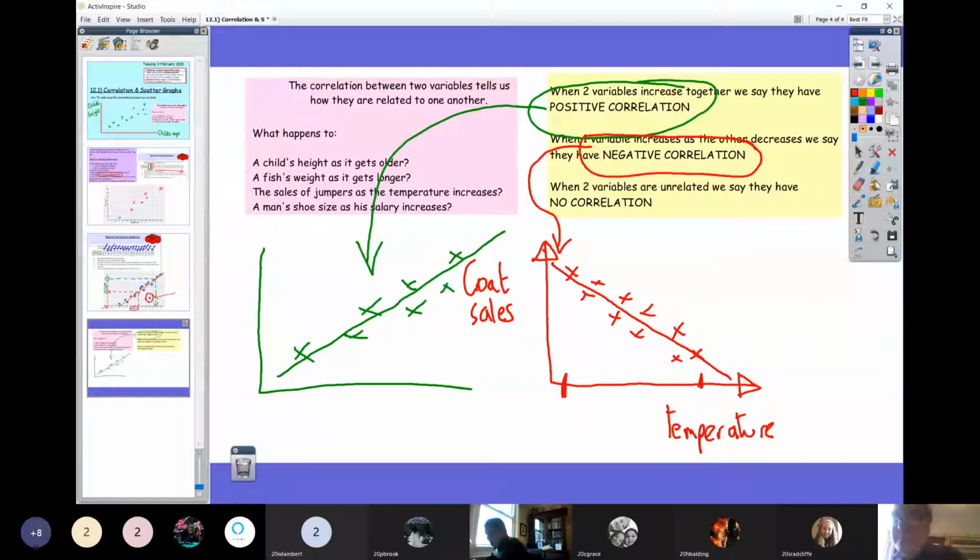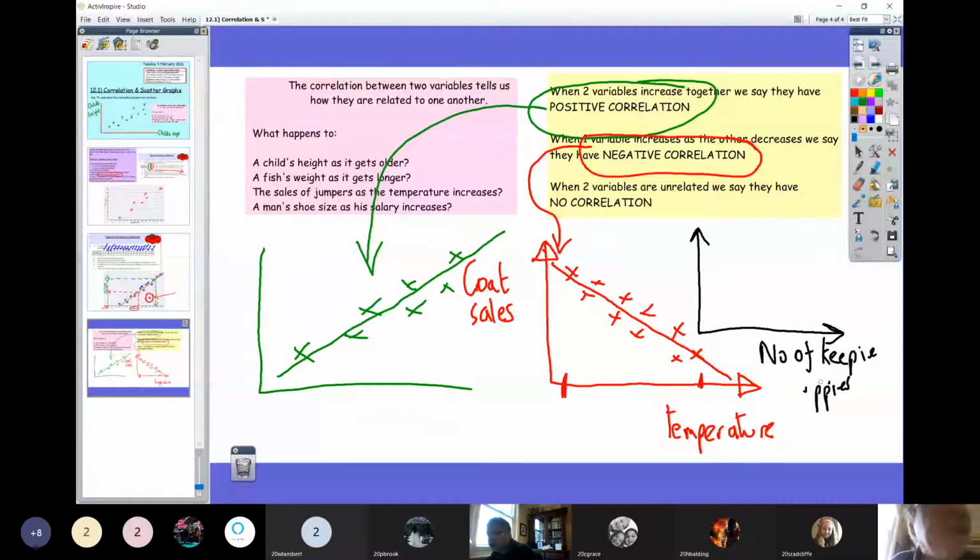Now, you might have something where there's absolutely no relationship whatsoever. Let's say Theo goes and does some keepy-uppies. He's a good footballer. So the number of keepy-uppies along the bottom, and going up the side, it could be the number of goals that Man City scored in a game.